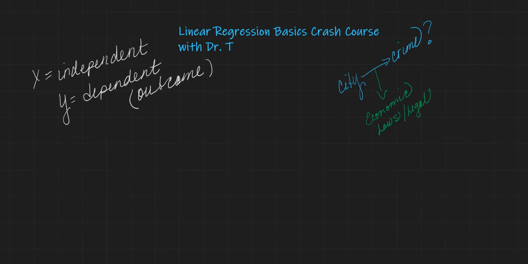There could be, let's see, what else could it be? It could be where the city is located, whether it's urban or suburban, maybe rural. Could be changes in the population. You could have a lot of people move out, which makes crime look like it's going down.